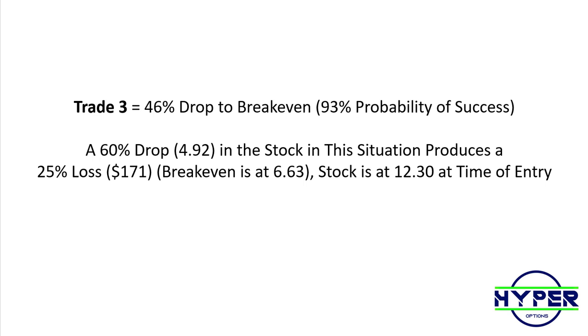So that $71 loss on the original amount only comes to 8%. So the 25% loss here is if this is your very first trade, and on your very first trade, the market makes a drop of 60%. And this is the worst case scenario. A 60% drop, worst case scenario, produces a 25% loss on the risk allocated to it.